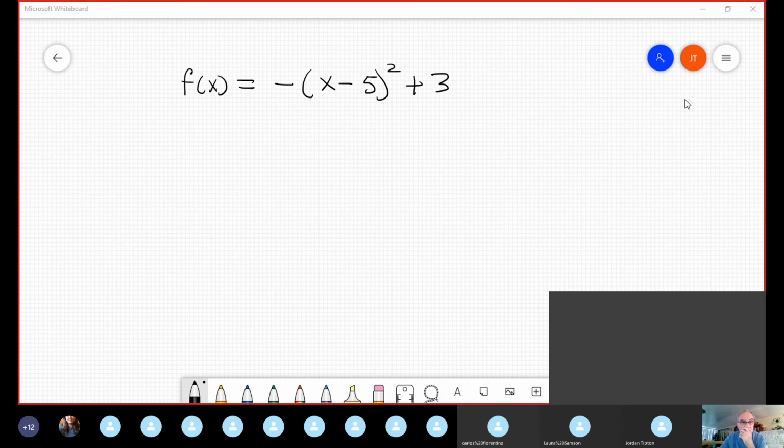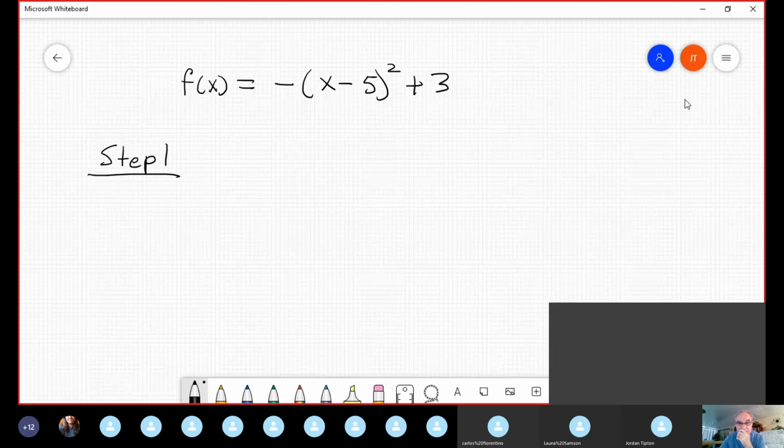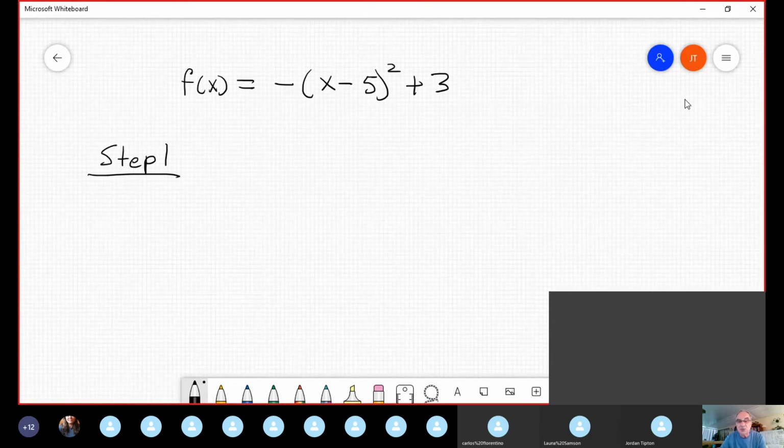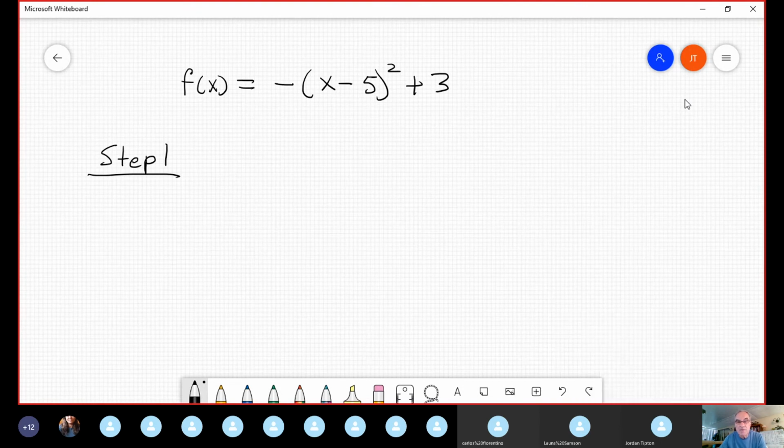Number one step. Suppose that this function is given in the test. Number one step is identification. What family of functions does this function belong to, among those we studied in college algebra?